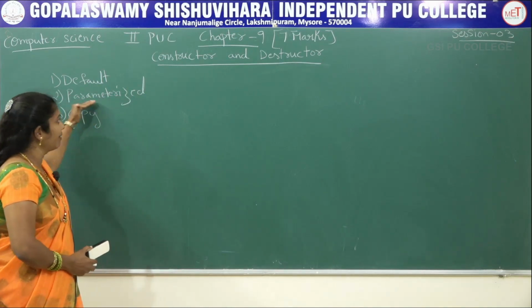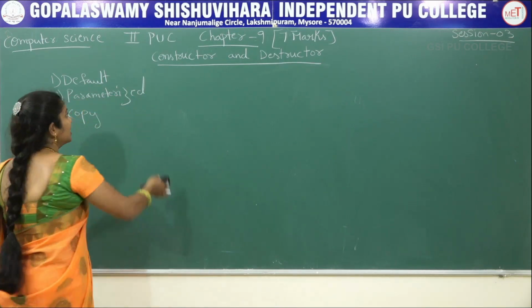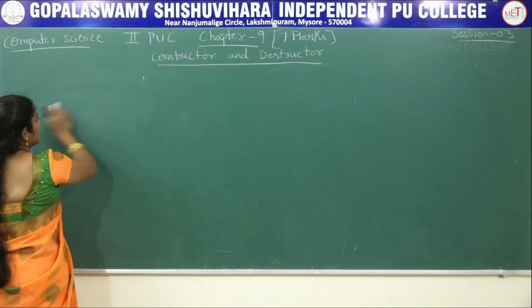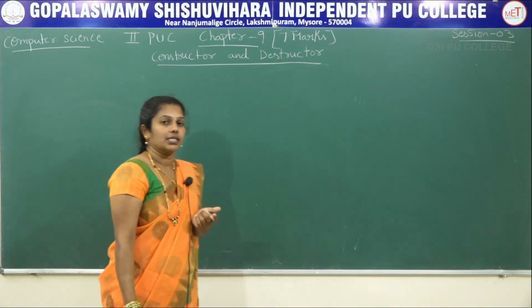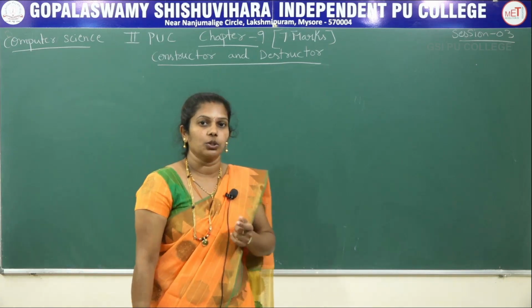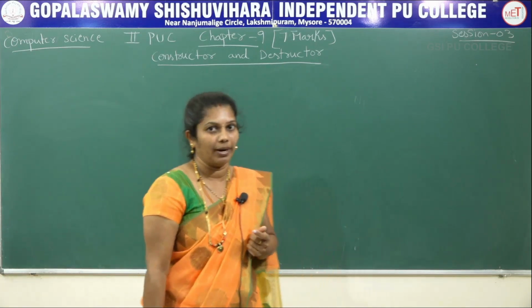Today we want to explain regarding parameterized constructor. You have to know what we mean by constructor already. That is, a constructor is a special member function used to initialize the object of a class automatically.